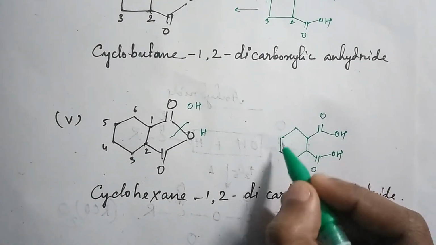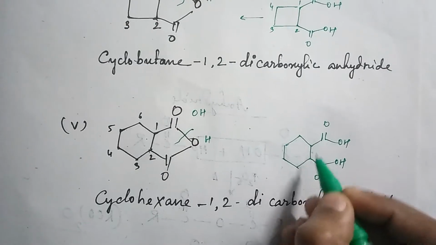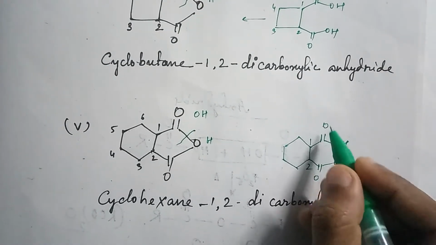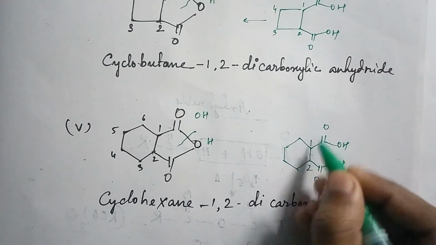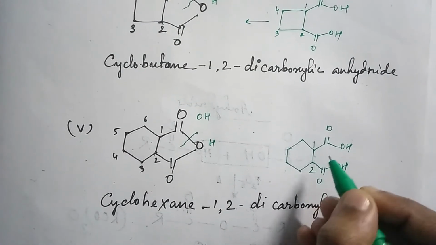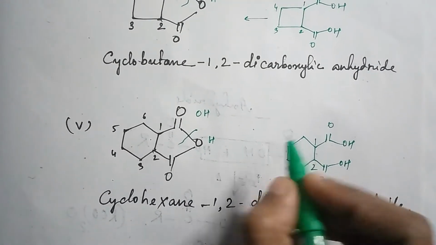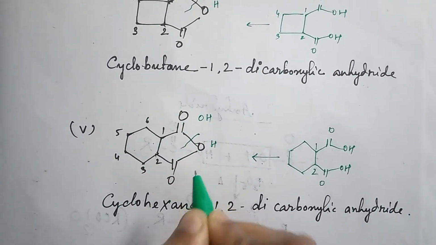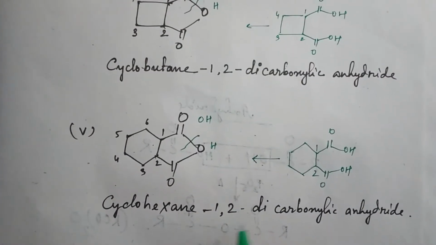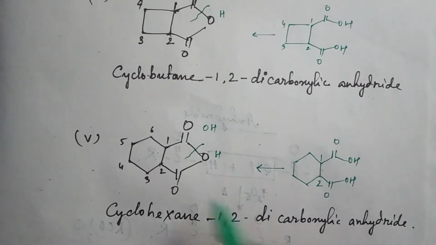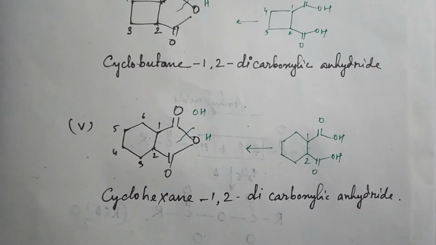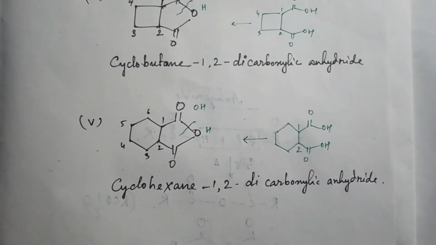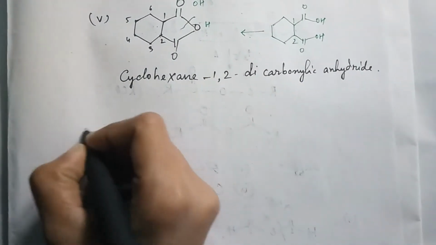So you can see cyclohexane 1, 2 dicarboxylic acid. 2 carboxylic groups are present in 1 and 2. So from this dicarboxylic acid you are getting this anhydride. So this one is cyclohexane 1, 2 dicarboxylic anhydride. Okay. Thank you. Take another example.